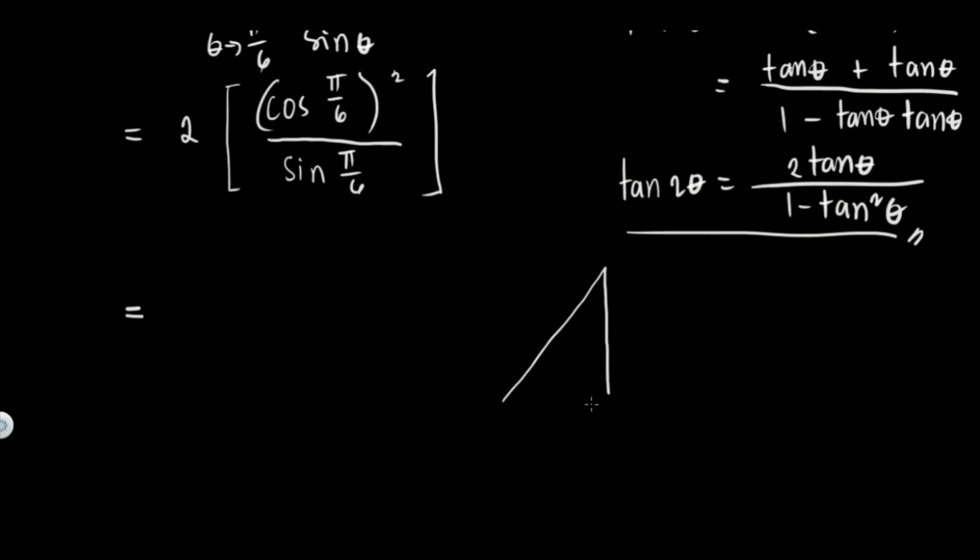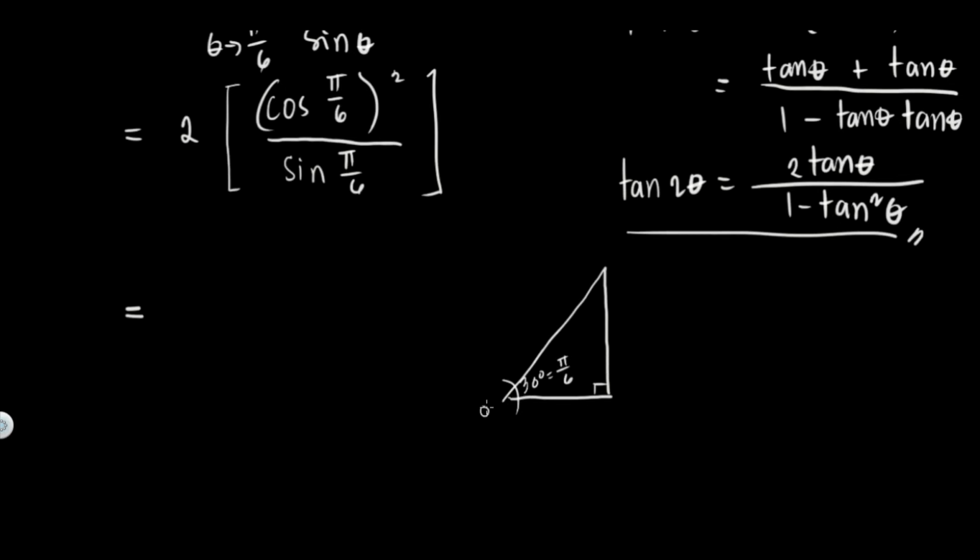Balik tayo ngayon dito sa triangle. Okay? Let's say the right triangle pa rin yan. Pi over 6 is equal to 180 degrees over 6, and that is 30 degrees. 30 degrees or pi over 6. Okay?